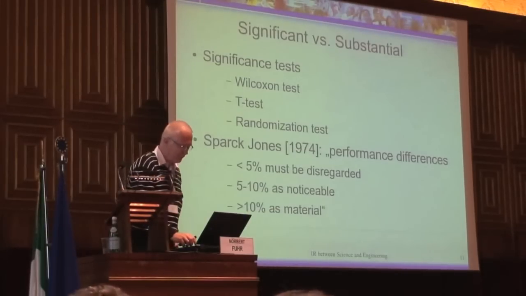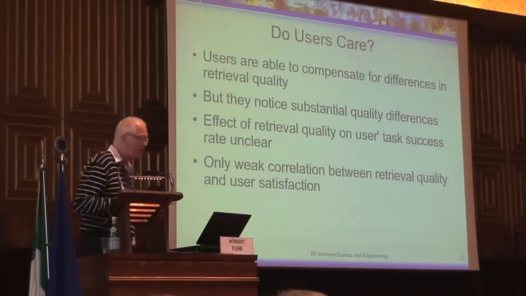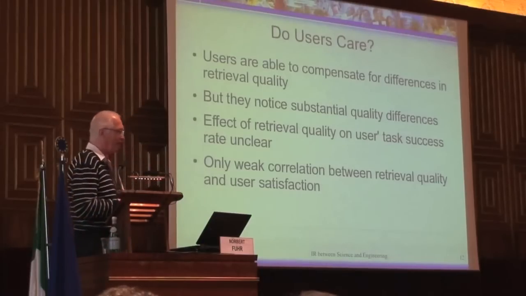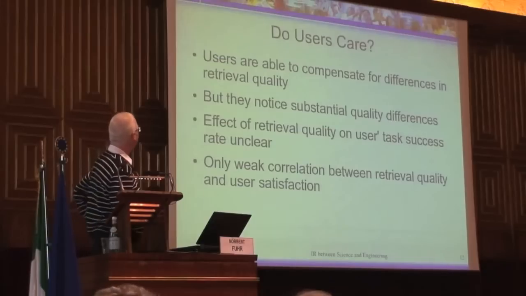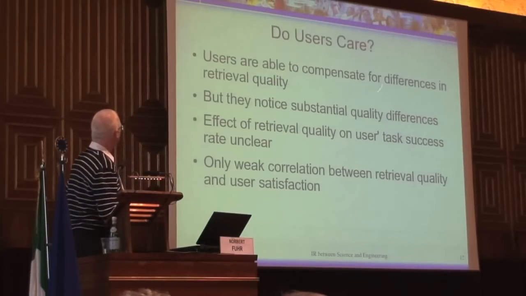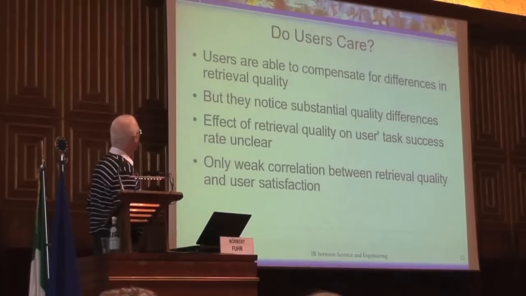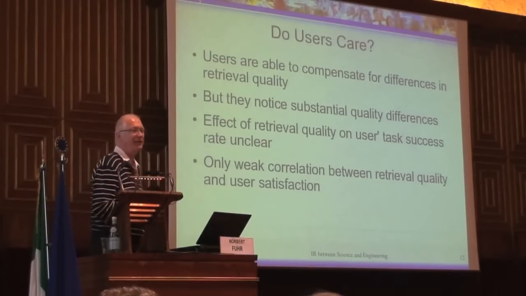Well, in the end, of course, the question is, what is this really of benefit to the user? And, well, there have not been that many studies, but common to all these studies is that, first, users are able to compensate for differences in retrieval quality.